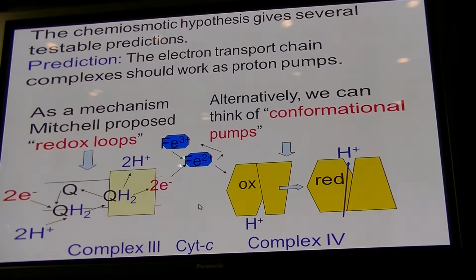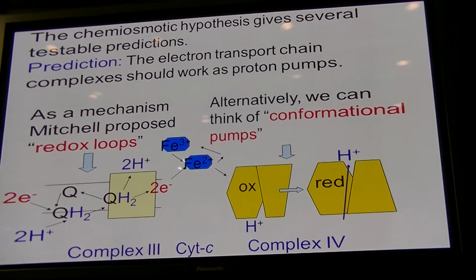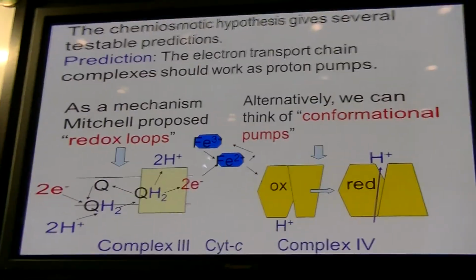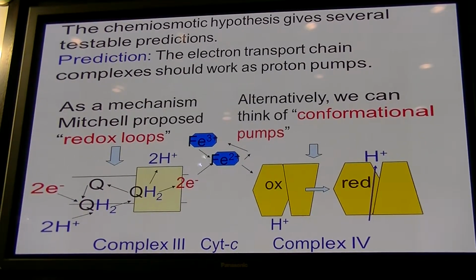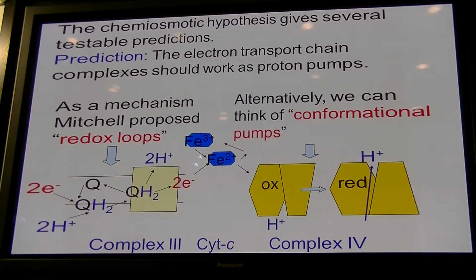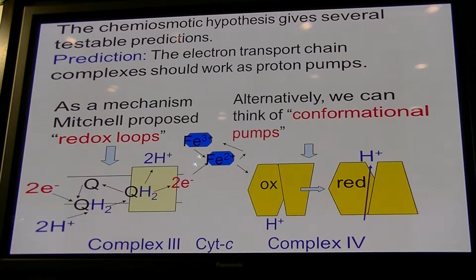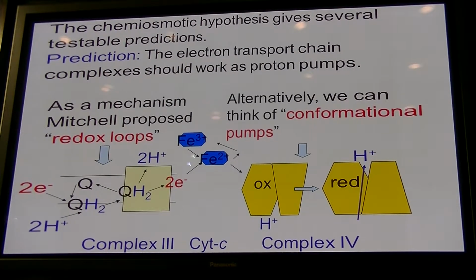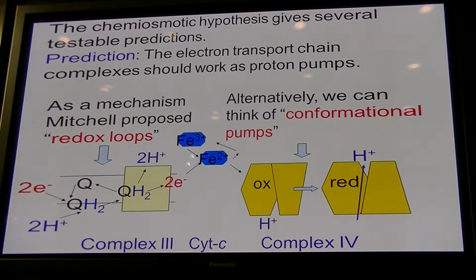Now in that electron transport chain, there are macromolecular complexes. There are 4 of them, but we can say that they function in 3 stages. So stage 1 is complex 1 and complex 2. Complex 1 accepts electrons from NADH, complex 2 from FADH2.